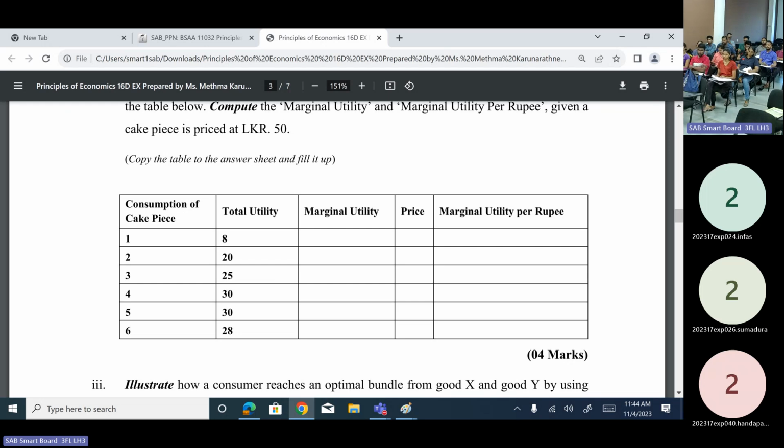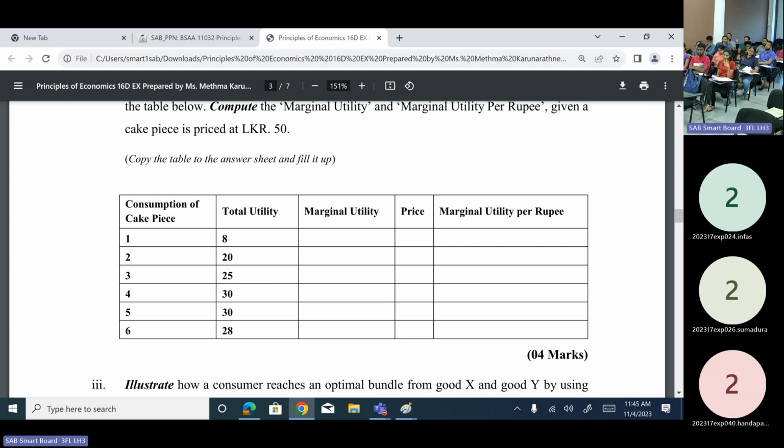Now here 1, 2, 3, 4, 5, 6. Okay. So because of that, you can take the difference here. 12, 5, 5, 0, and minus 2. I gave you 1, 4, 6, 8. Then you have to take the change in TU divided by change in consumption of units.